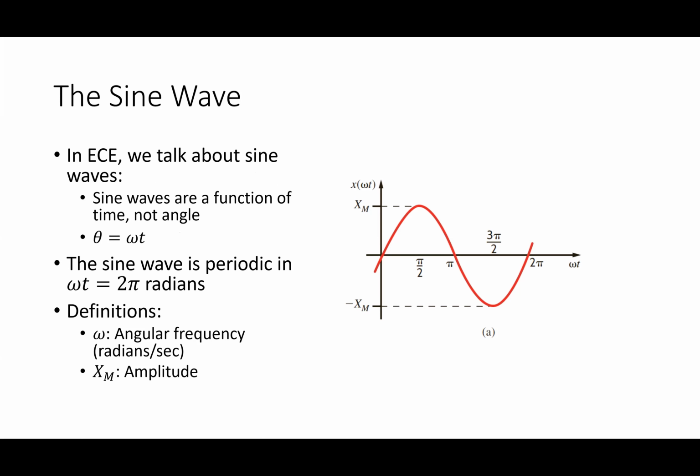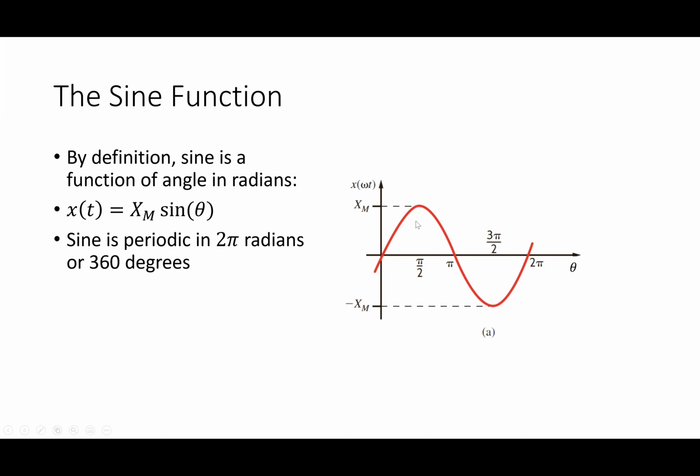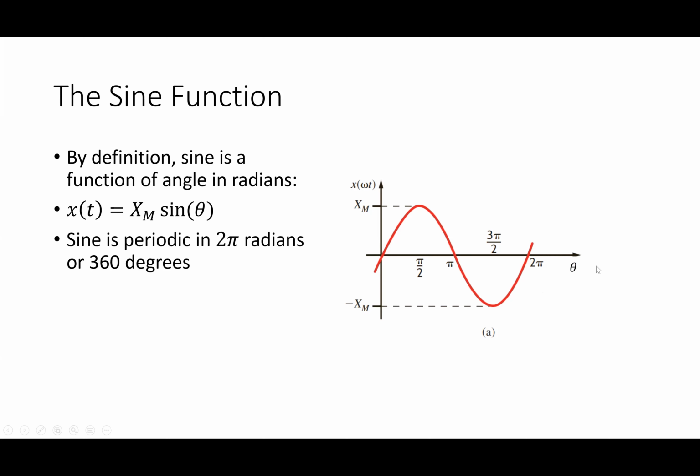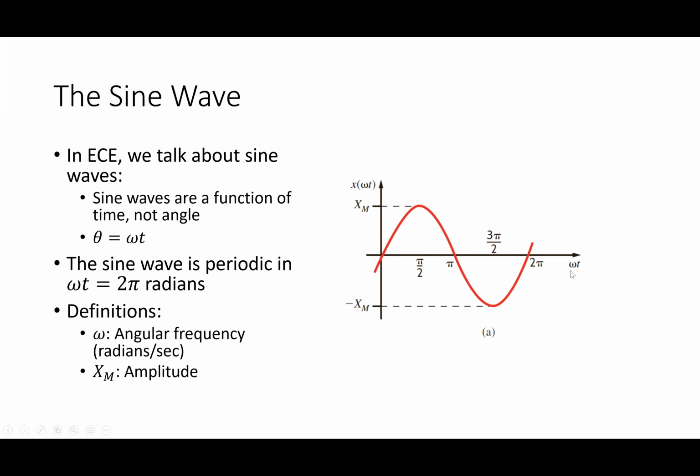When I talk about a sine wave, though, it's a function of time and not angle. It is still periodic in 360 degrees, but if you look at the graph over here on the right, as I change from this picture to this picture, the thing that's changing is the x-axis. It's written as theta here and omega t here. So what does that mean if theta equals omega t?